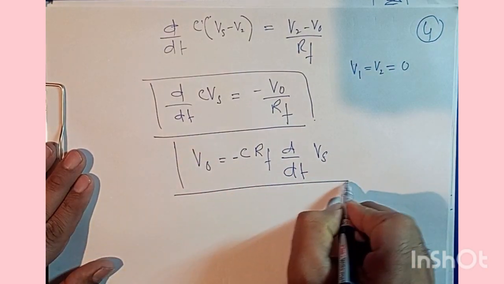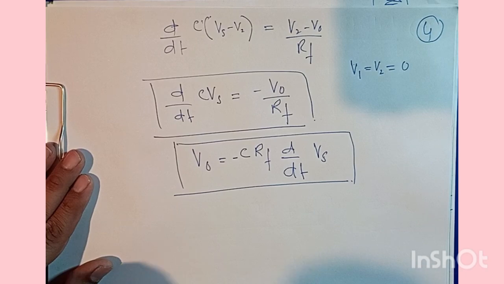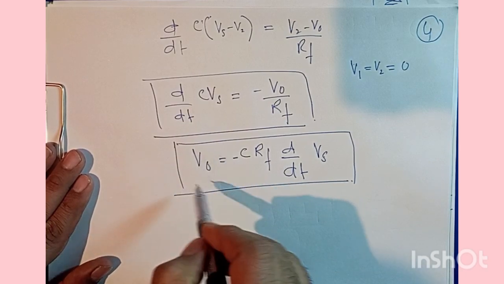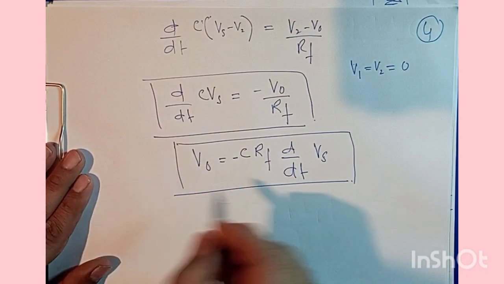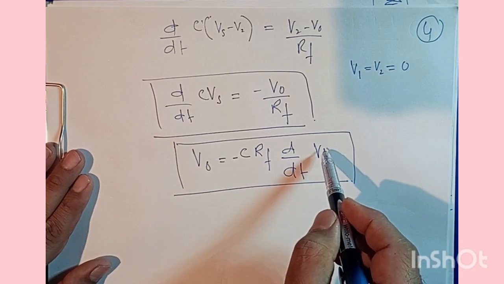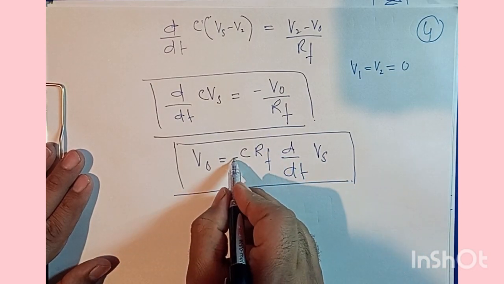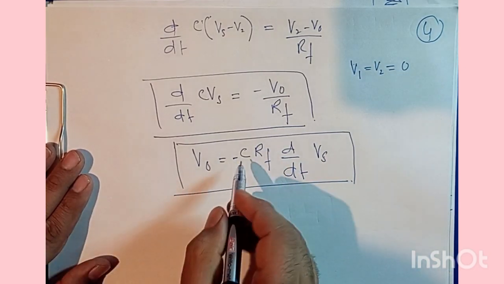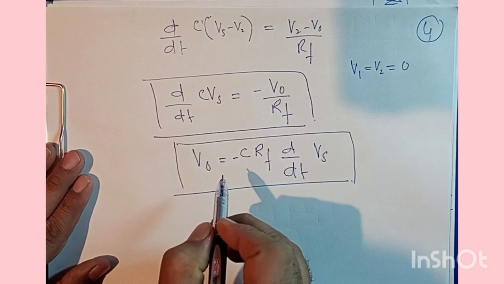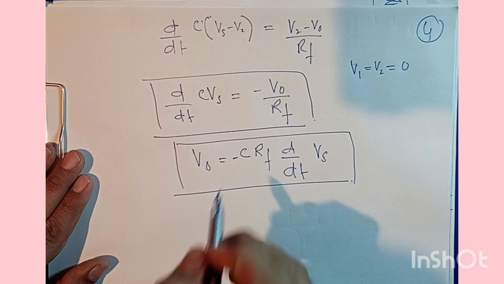So we can see here in a similar situation that the output that we achieve from this operational amplifier will be the differentiation of the input signal Vs multiplied by some constants, and this negative sign is clear because the input is subjected to the inverting terminal.